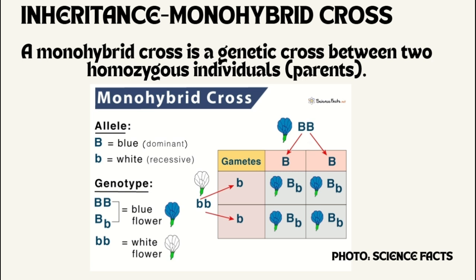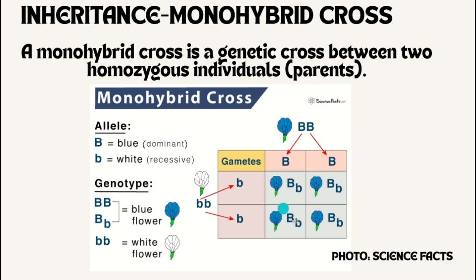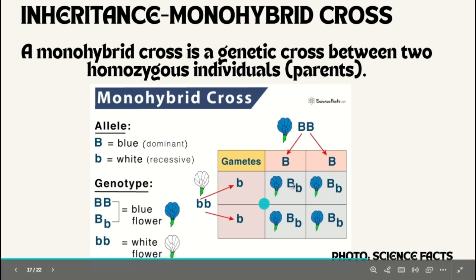So BB, the big B is blue, which is dominant, and the little b is white, which is recessive. If we cross homozygous dominant blue with homozygous recessive white, we're going to get 100% blue flowers.